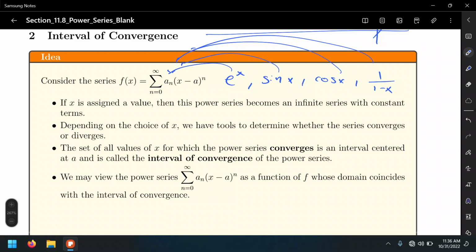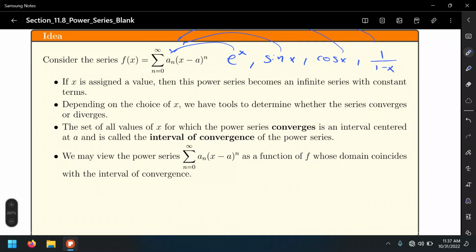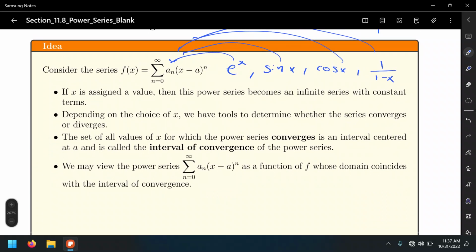And this interval of convergence is related to the domain of the function that it represents. What's the connection? Depending on the choice for x, we have two possible outcomes. Plug that value of x into a power series, and we either get a convergent series or a divergent series.